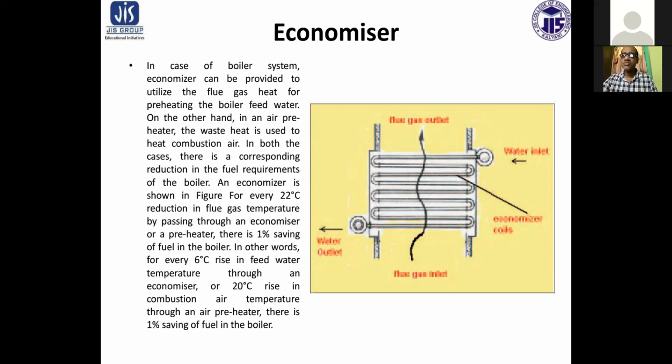Now, in this figure an economizer device is shown where the water inlet comes from the upper part, and the water moves zigzag through the tubes that are placed, and ultimately the water leaves.